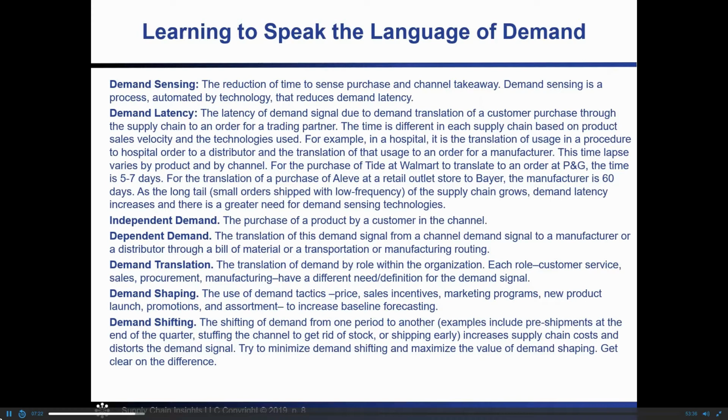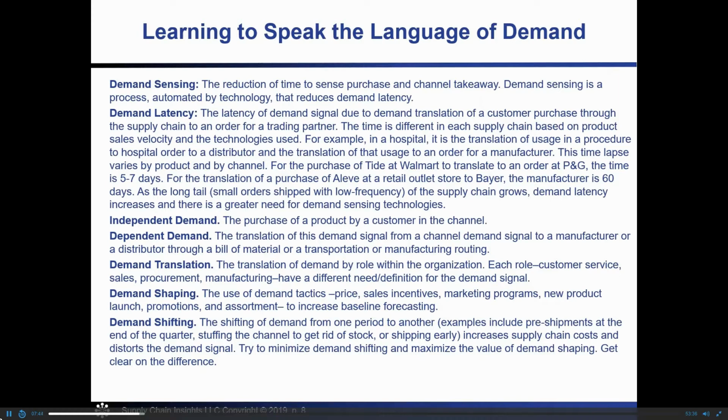We also must think about the type of demand. So independent demand, the purchase of a product by a customer, and dependent demand is the translation of this demand signal for manufacturing or bill of materials or transportation. And the translation of independent to dependent demand is what advanced planning is all about.